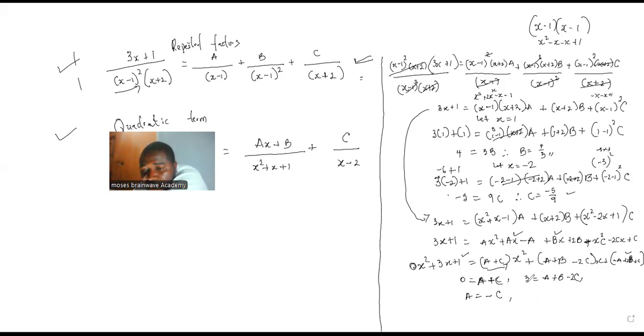C is minus 5 over 9. So we have minus into minus 5 upon 9. So automatically our A is just 5 upon 9. Fantastic. So we just go there and replace A here by 5 upon 9.